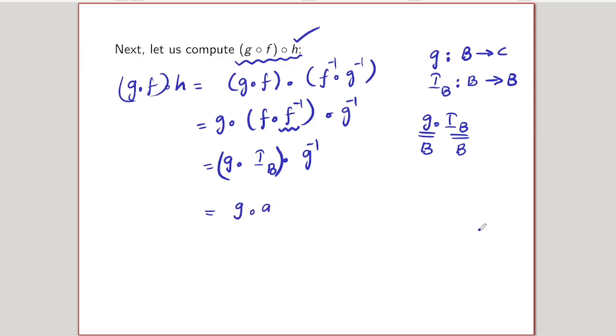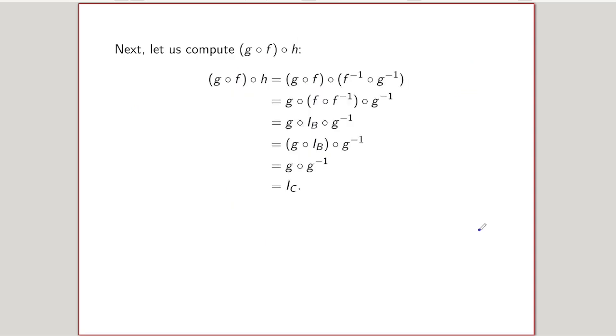So g composition g inverse. Observe that g inverse is in the second place, so we'll get the identity map on the codomain of g, and the codomain of g is C. We'll get I_C, the identity map on C. This is the second condition we had to prove.